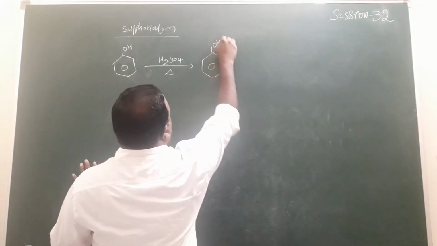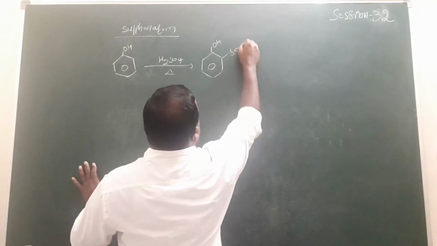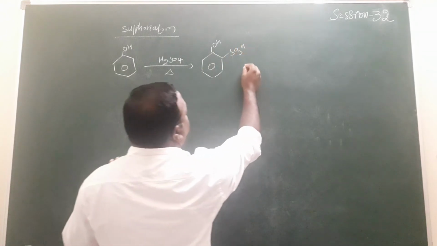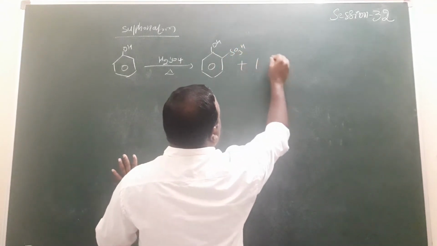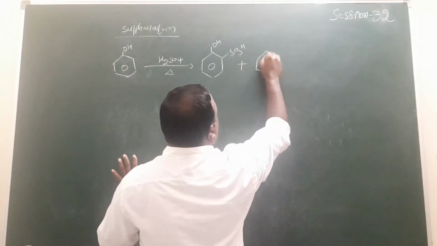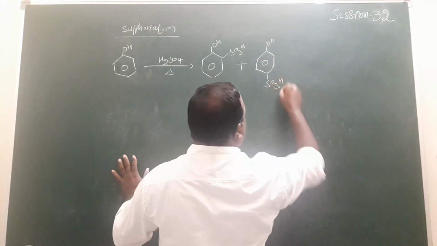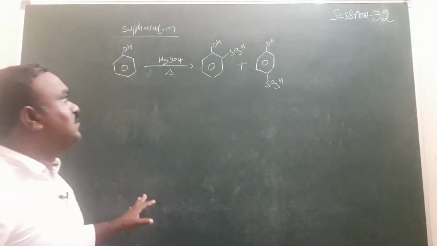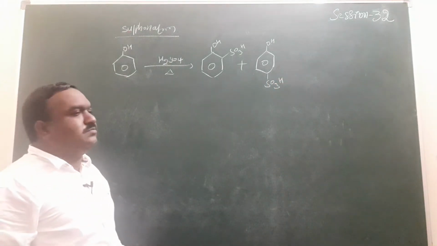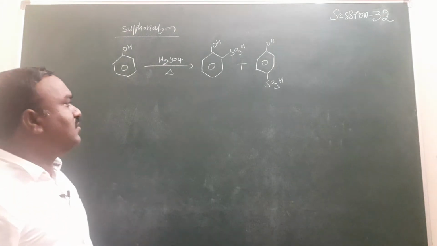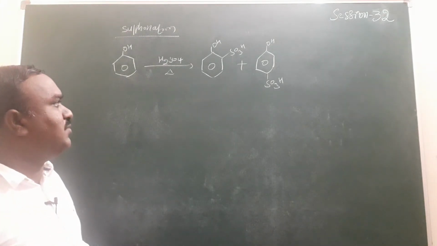Here OH is given, H plus is substituted by SO3 and then addition of H plus occurs. Again, the para hydrogen is replaced by the incoming electrophile. Orthohydroxybenzene sulfonic acid and parahydroxybenzene sulfonic acid are formed in this reaction.